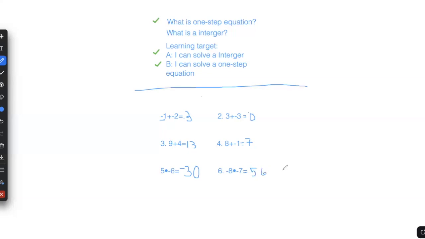As next unit, we will be doing inequalities. Inequalities will be really, really hard. So now let's get into some problems that you will be needed to solve.